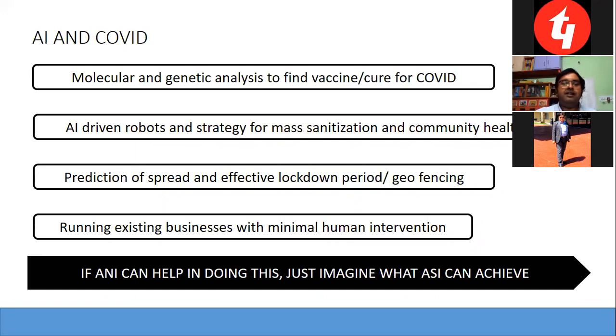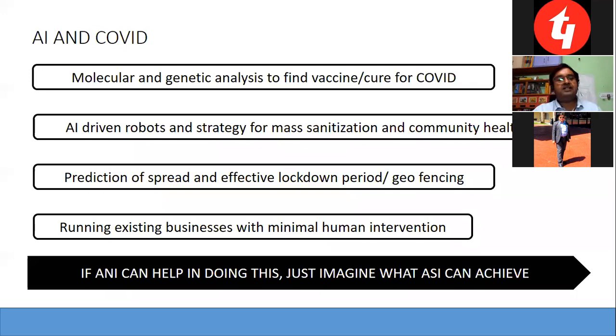Right now, as we see, all of this is done by ANI, the first step. It's not even AGI, and forget about ASI. Just think if we had ASI at this point of time, probably it could have invented a vaccine or a cure for COVID in one day.